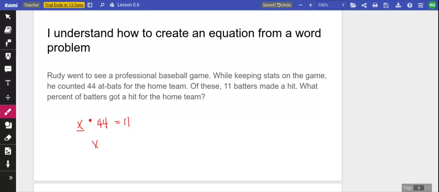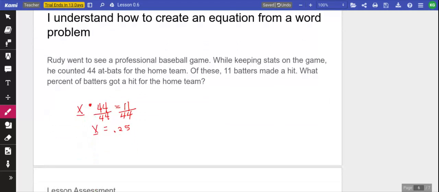So divide both sides by 44 to get X by itself. 11 divided by 44 is 0.25. But I underlined it to remember to turn it into a percent. So I move it 2 places to the right, and I get 25%.